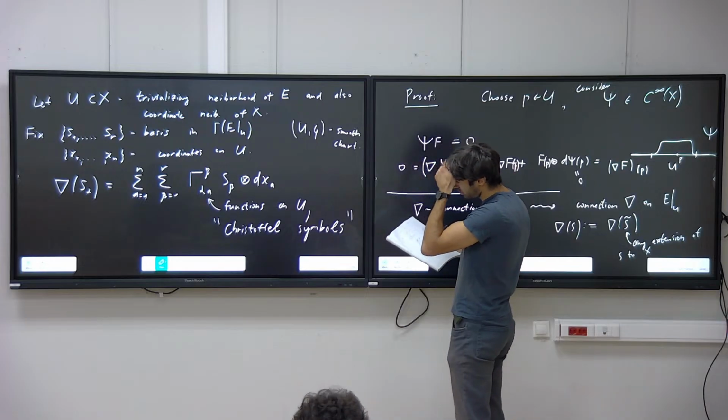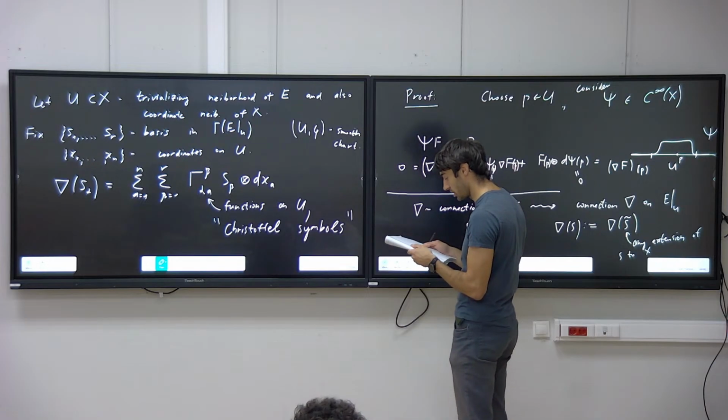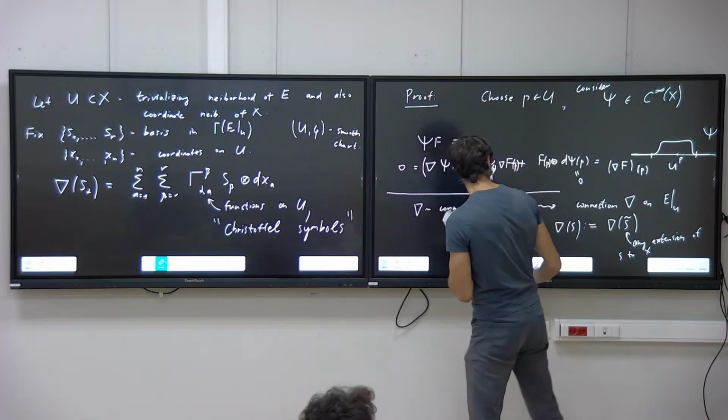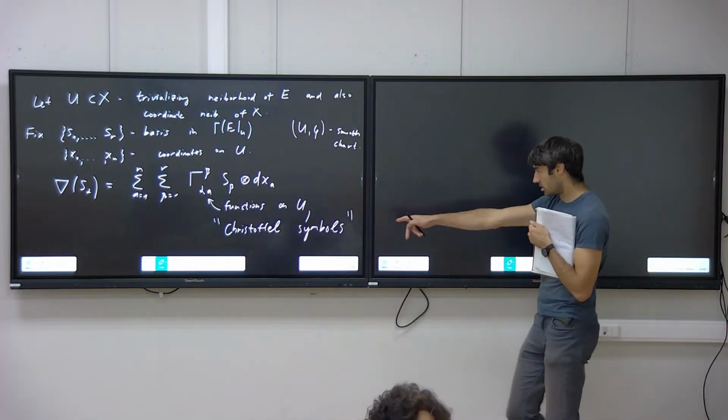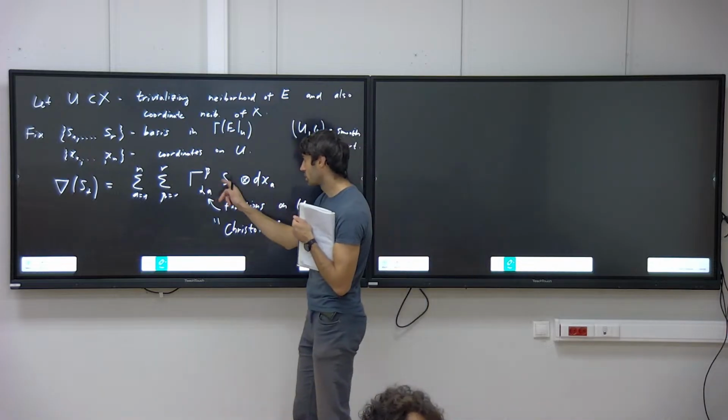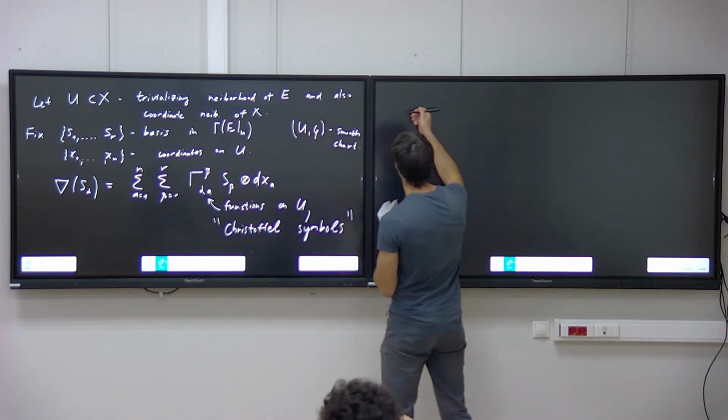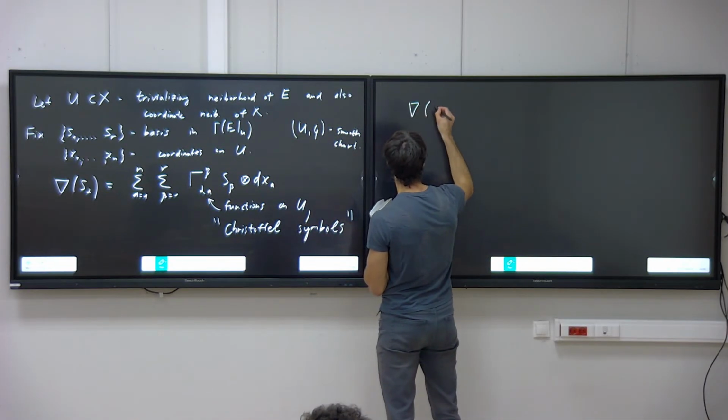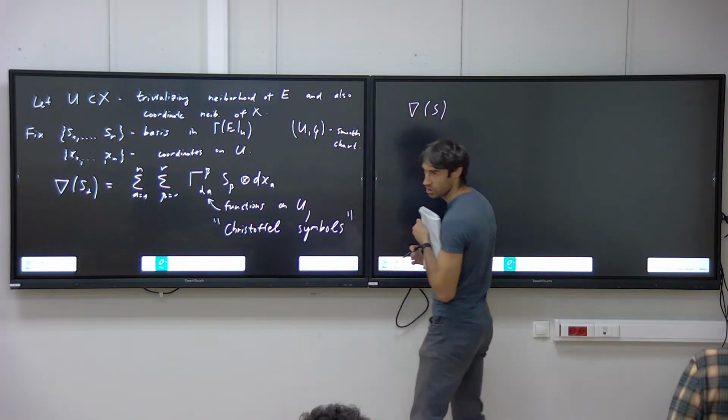Okay, and so locally we now can use these functions to write how nabla acts on any section S locally.